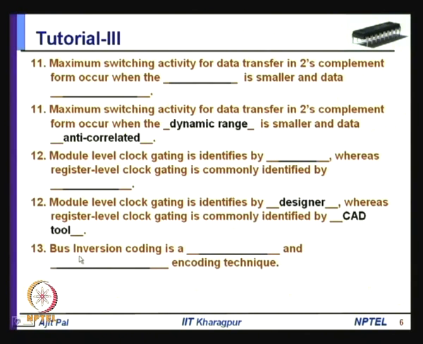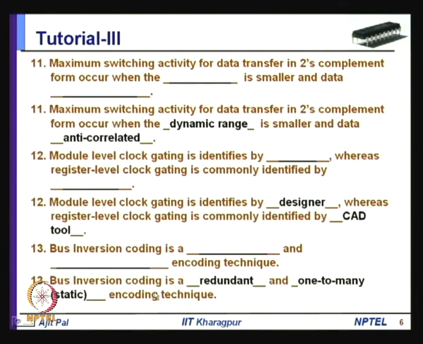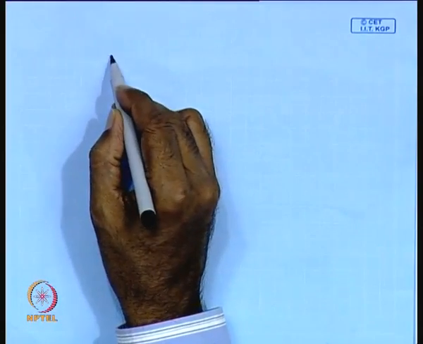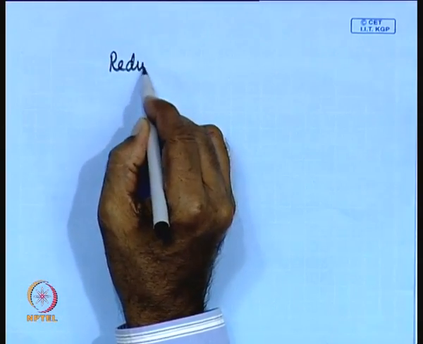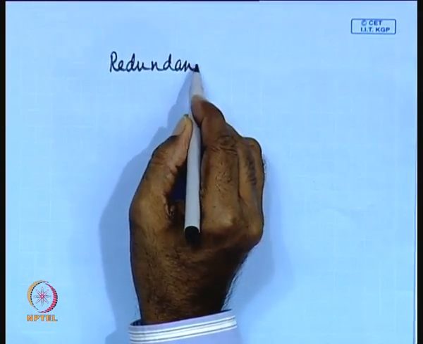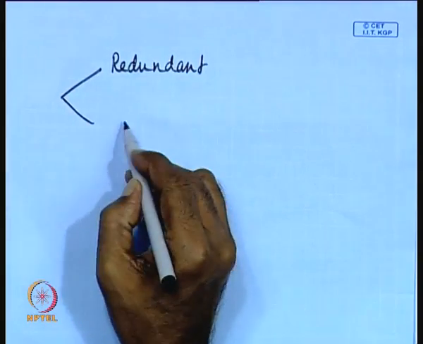So, coming to question number 13, bus inverse coding is dash and dash encoding technique. You may recall that there are several ways by which the coding techniques can be categorized. One category is redundant, another is non-redundant.